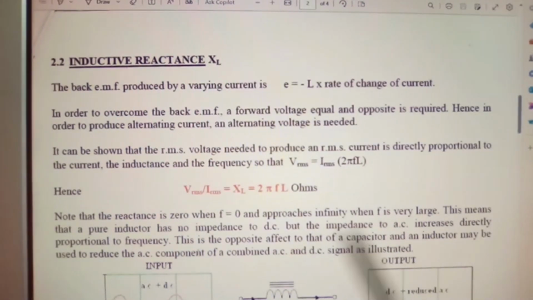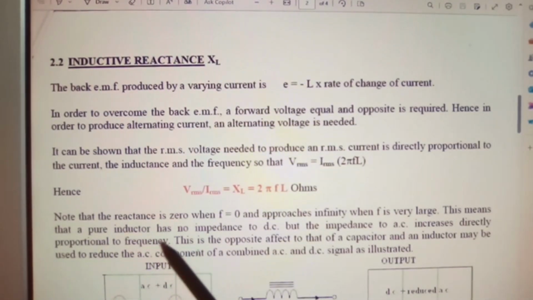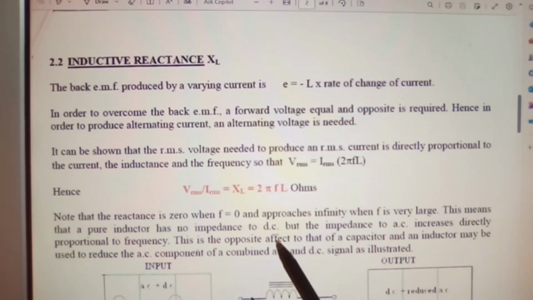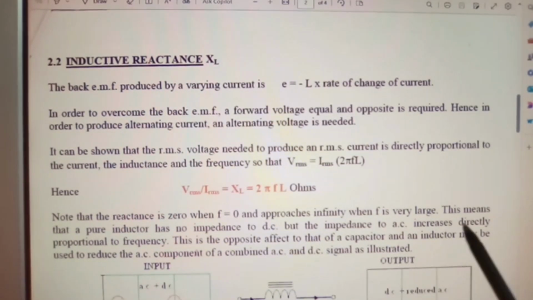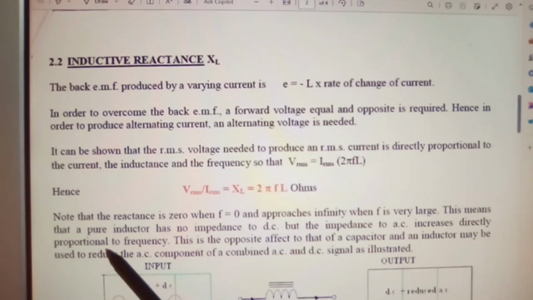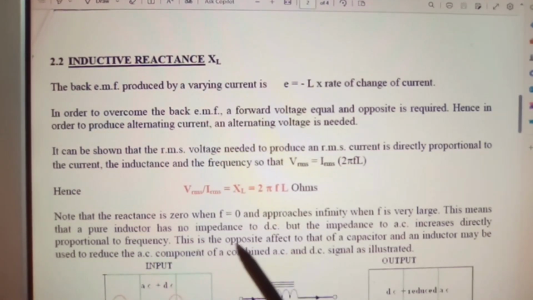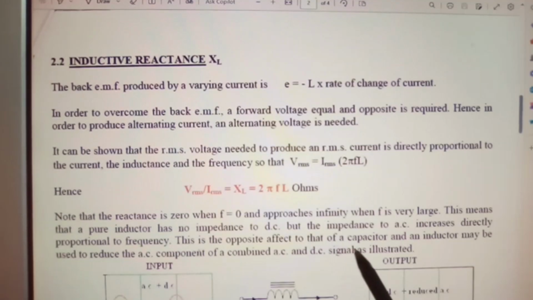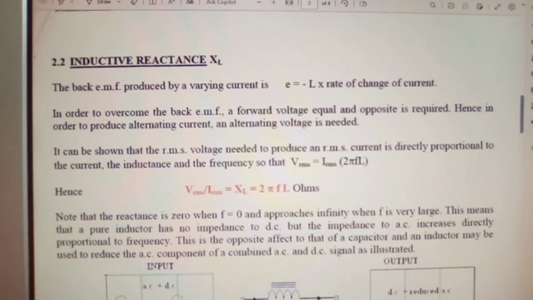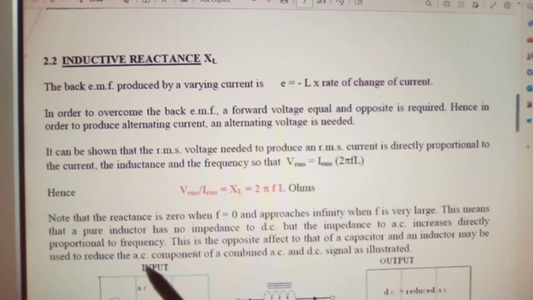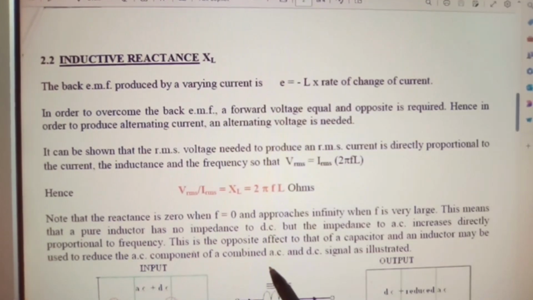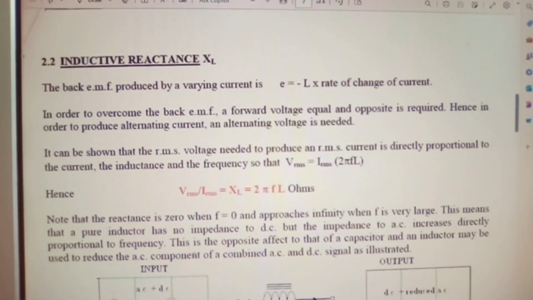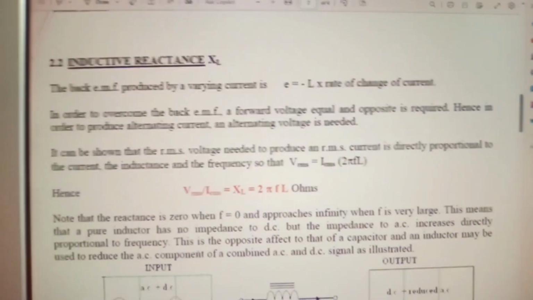This means that a pure inductor has no impedance to DC, but the impedance to AC increases directly proportional to frequency. This is the opposite effect to that of a capacitor, and an inductor may be used to reduce the AC component of a combined AC and DC signal, as illustrated.